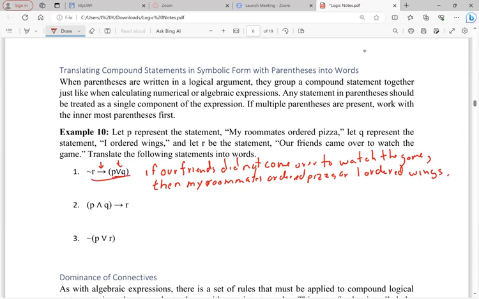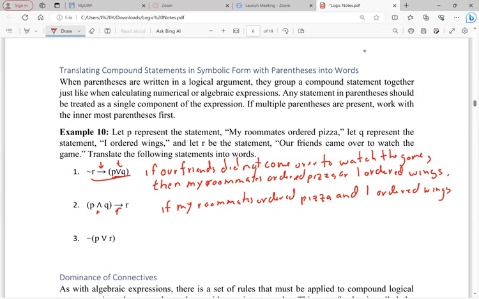Isn't this so much more elegant? So what do we have here now? We have in parentheses P and Q. And we have an if then statement represented by this and an and here. So we're going to have if P and Q. So if my roommates ordered pizza and I ordered wings.